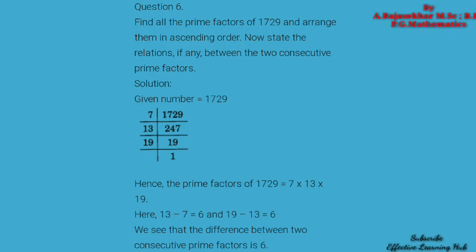First 7 table: 7 13s are 91... 7 7s are 49. Again 13 table 19. Hence the prime factors 7 into 13 into 19. Here 13 minus 7 equal to 6 and 19 minus 13 equal to 6.